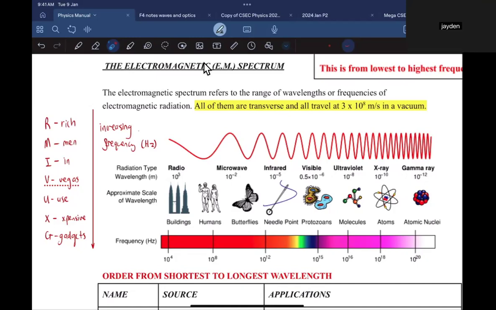When somebody broadcasts a radio signal and it travels a great distance, you would want it to have a long wavelength. And gamma, you should know gamma is dangerous because of radiation.